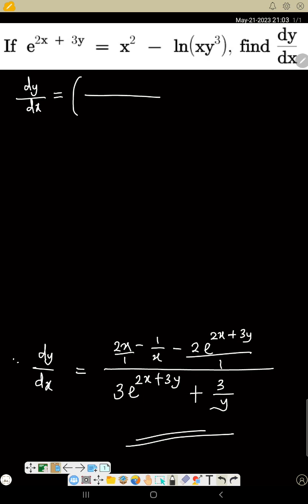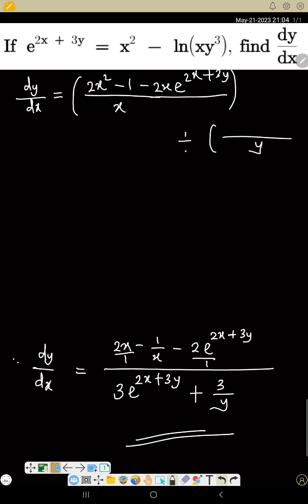So that means the LCM is x there. So if LCM is x, this will be over 1 over 1. So that means this will be 2x squared minus 1 minus 2x e raised to power 2x plus 3y, divided by the LCM of the down one, which is y.